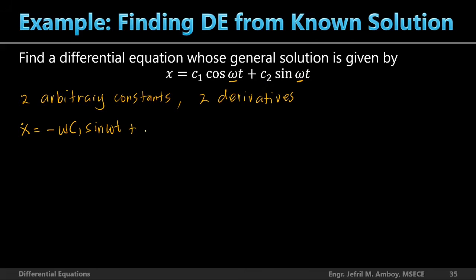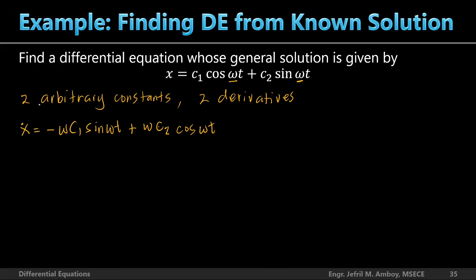So I will get omega multiplied by c2. And the derivative of sine, of course, is cosine omega t. So we have the first derivative of x with respect to t.